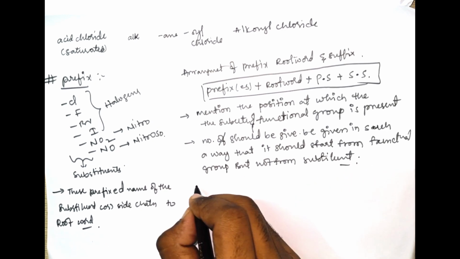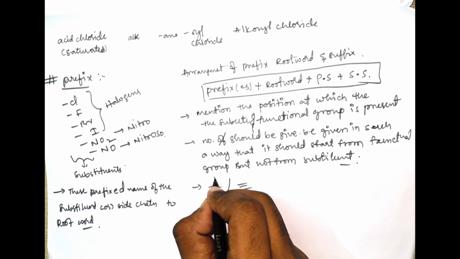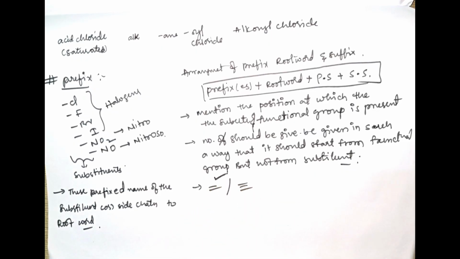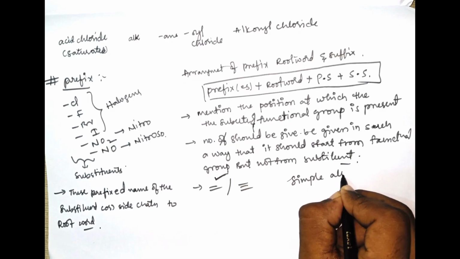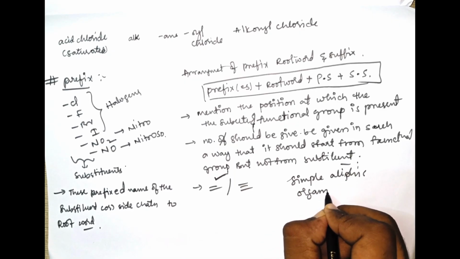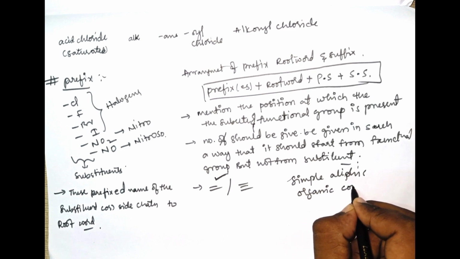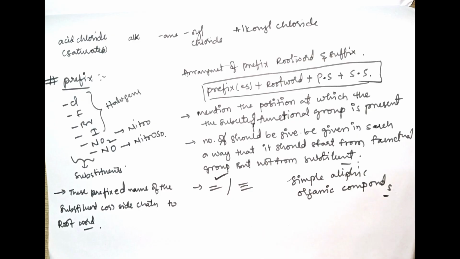And between double bond and triple bond, highest preference goes to double bond. This must be remembered. And this is the nomenclature for only simple aliphatic organic compounds. And in our next videos, now let's look at how to name the compounds with solved examples.